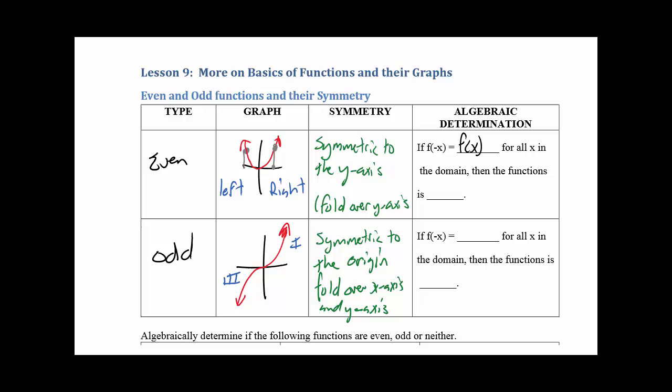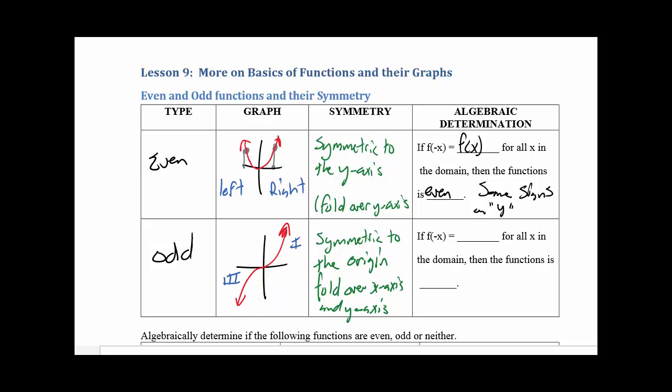So if f of negative x equals f of x for all x in the domain, then the function is considered even. The idea here is same signs on y's. If the y values have the same signs, then we know they're even.